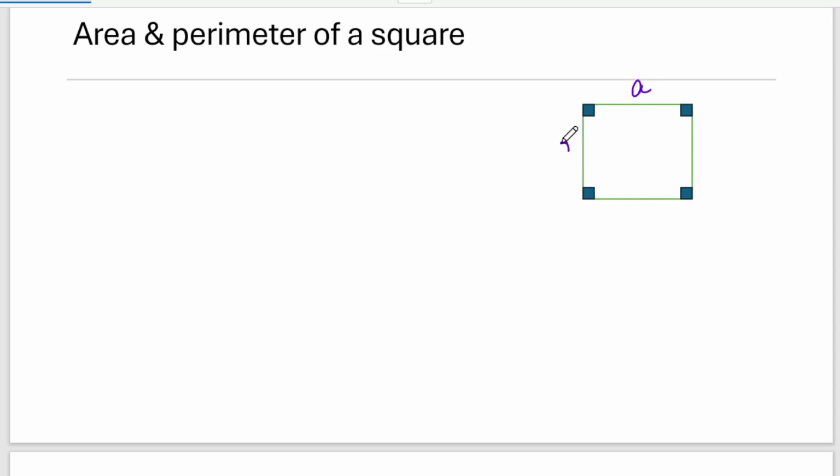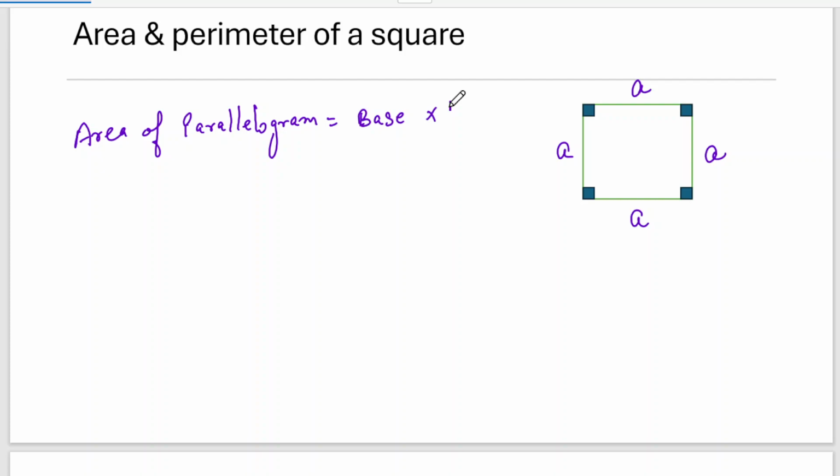So if it is A, it is also A, it is also A, and it is also A. And since it is a parallelogram, we have learned the area of a parallelogram is base into height. Now what is base here? Base is A. And what is height? This is your height. You can see it is making a 90-degree angle here. So it is A. So we can say it is A square.